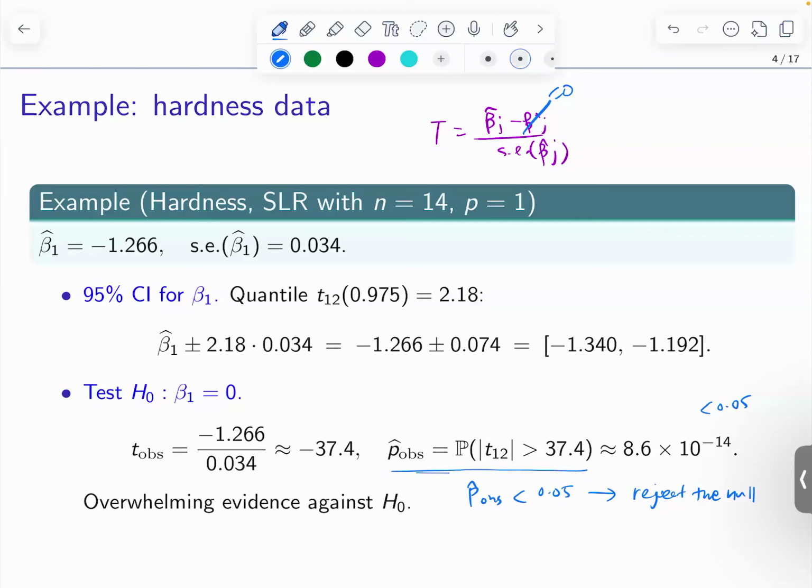The p-value would change, beta hat would change, and the standard error would change. But if you keep the rule, you reject whenever the p-value is less than or equal to 0.05, then if you're under the null, you incorrectly reject just about 5% of the time.